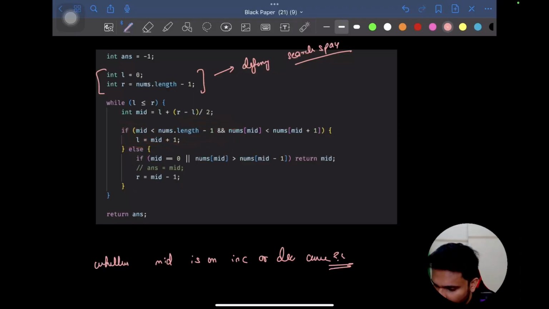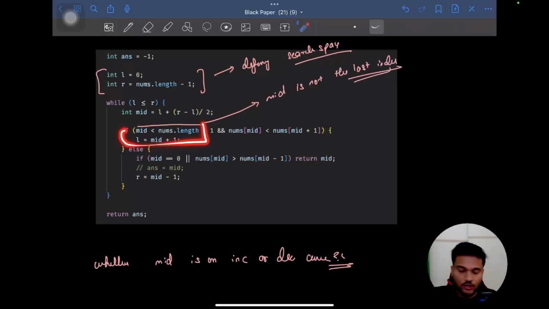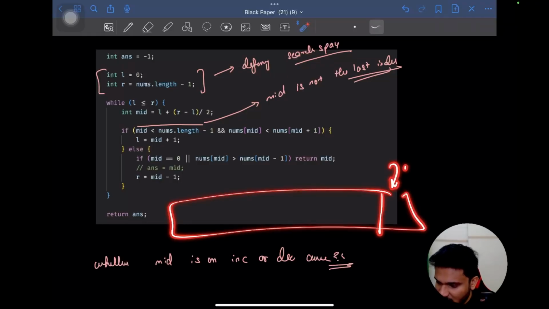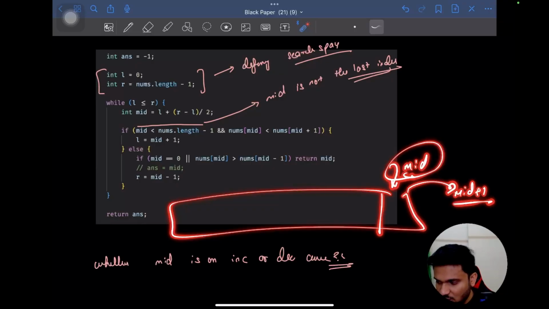This check tells me that mid is not the last index, because if the mid is the last index, just think about it. If somehow you started converging your binary search and you realize that your midpoint is the last index, then you will never be able to get mid plus 1, right? If mid becomes the last index of your array, then mid plus 1 does not exist.